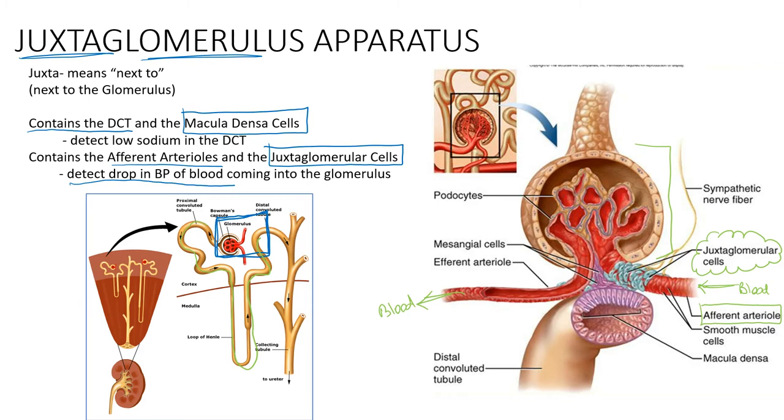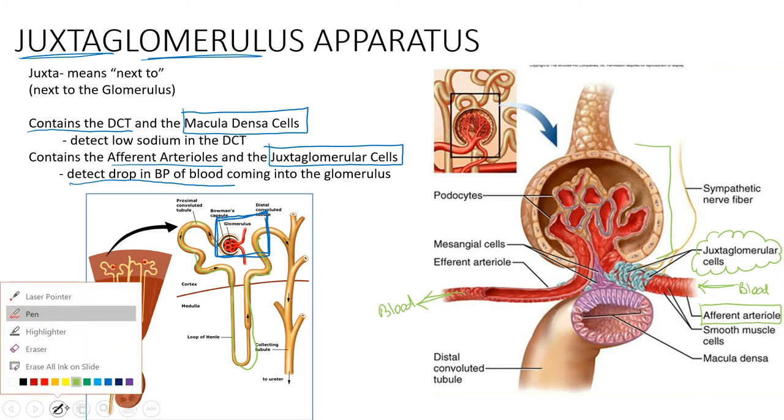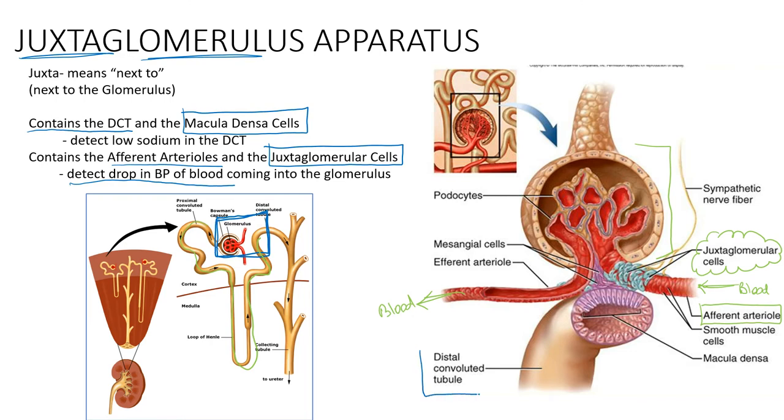And if you notice, that distal convoluted tubule passes right by that afferent arteriole and that glomerulus. Now, that distal convoluted tubule has these special cells called macula densa cells. Now, these macula densa cells right here, they are detecting low sodium.